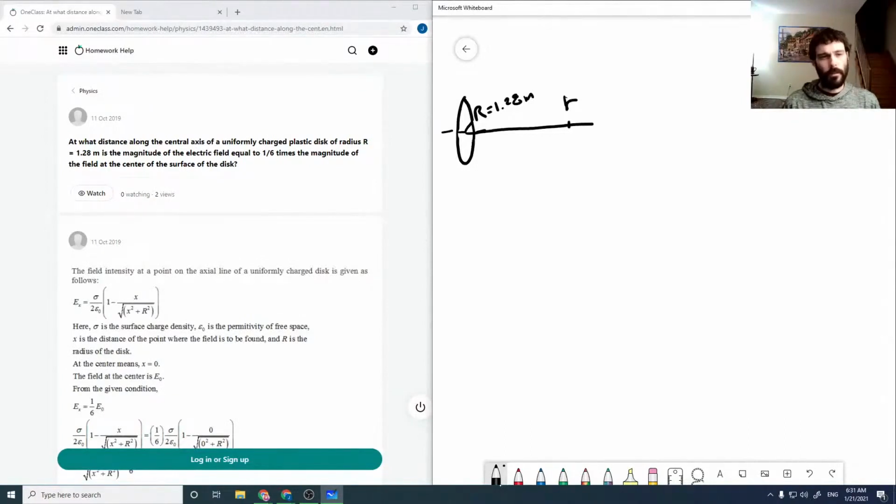So we're wondering, where is ER equal to 1/6 E0? So first we need to figure out what ER is, and then we can solve for E0 and figure out exactly what R we're looking for.